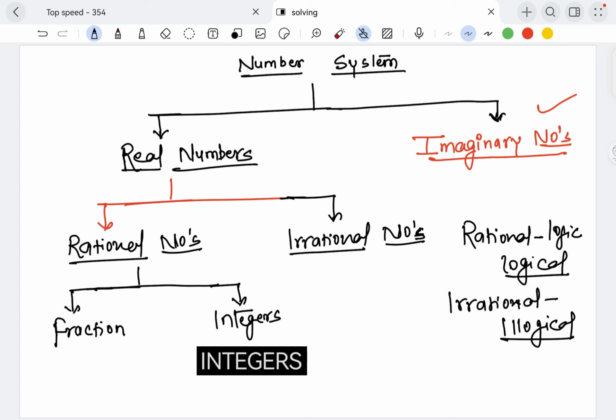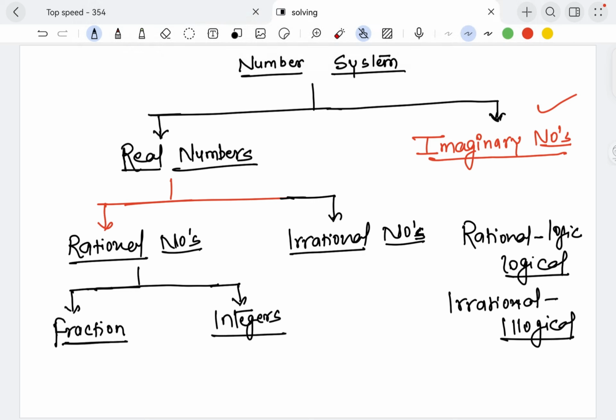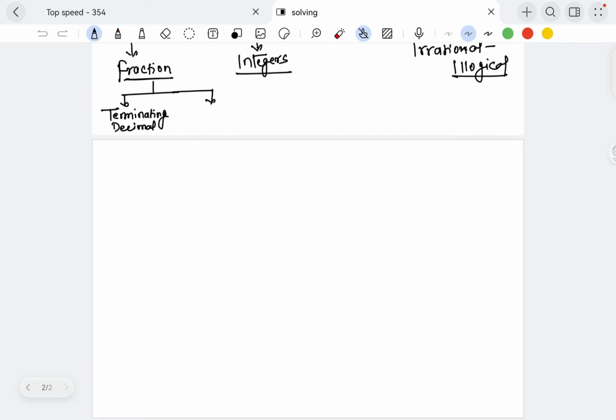Now if you haven't gone through the integers chapter, you can go through that video, and the description has the link to the integers video, and you can click on that link and directly go on to that video. Okay, so right now we'll focus on fractions and integers. Now fractions can be of two types: terminating decimal and non-terminating.